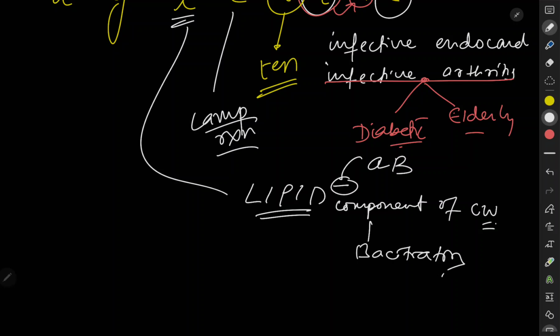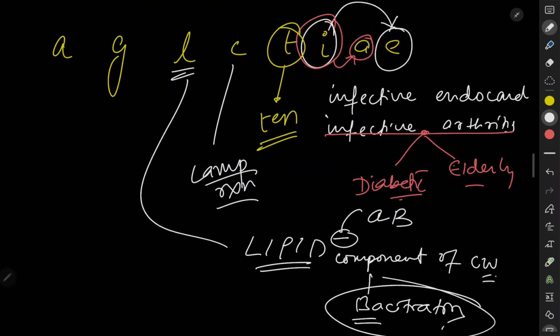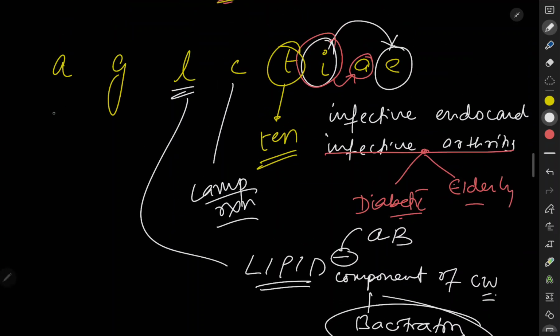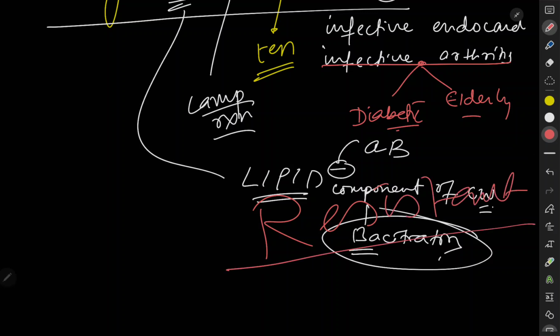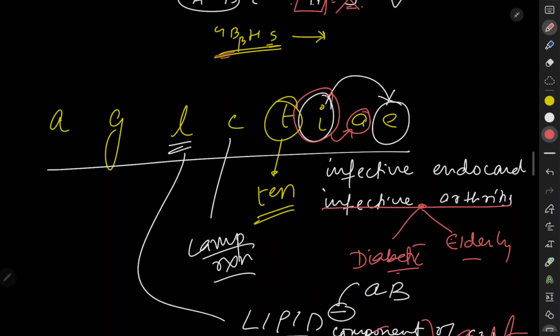Usually many gram positive organisms fall prey to this bacitracin, but God has chosen S. agalactiae to be resistant to bacitracin. That is, this agalactiae is resistant to lipid mediated stuff.